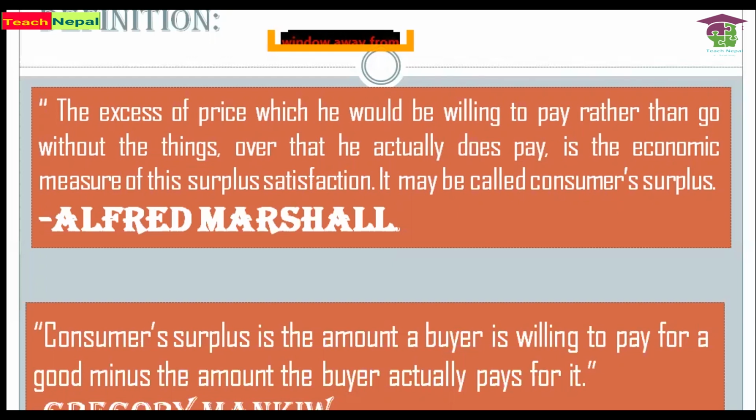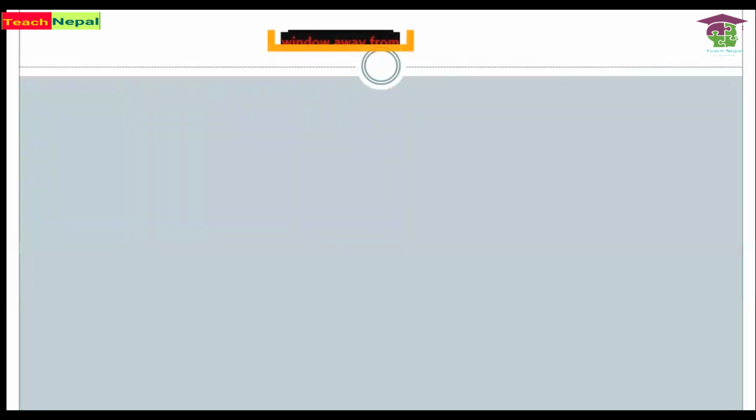One thing is very clear: for consumer surplus to exist, the willing price should always be higher than the actual price. If willing price and actual price are equal, there is no consumer surplus. Or if willing price is less than the actual price, in that case also there cannot be any consumer surplus.